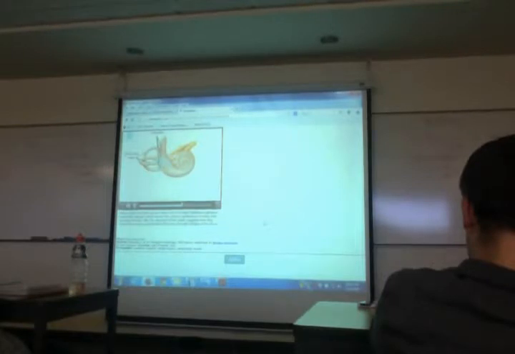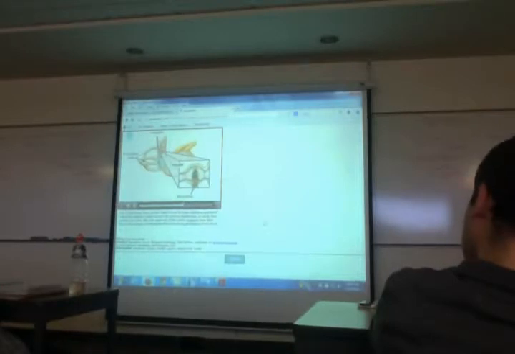Each of the three semicircular canals has at its base a bulbous expansion called the ampulla, which houses the sensory epithelium, or crista, that contains the hair cells. This is all stuff we're going to learn. The structure of the canal suggests how they detect the angular accelerations that arise through rotation of the head.